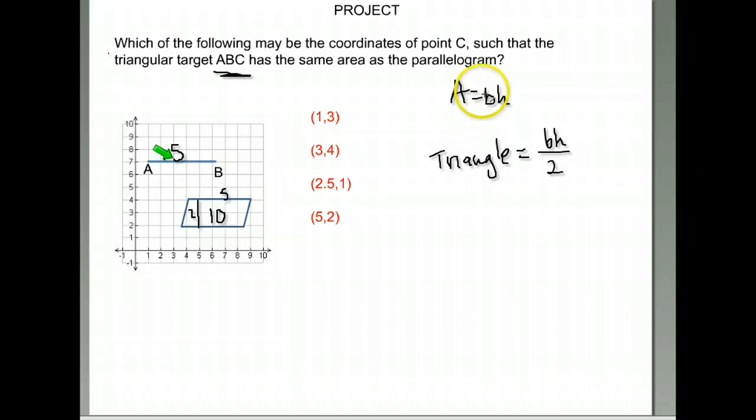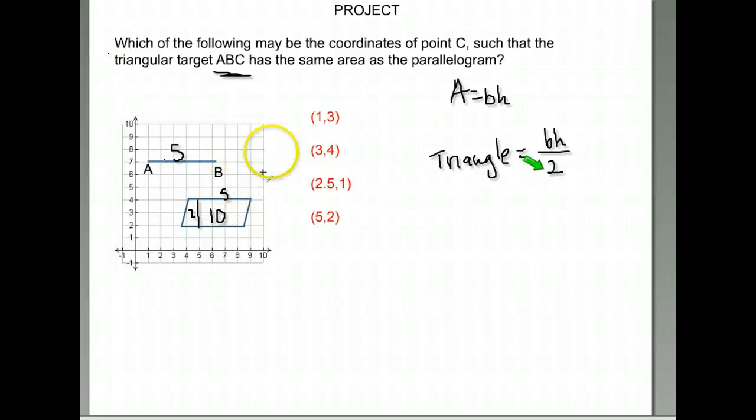Well, it needs to be twice as high so that when we divide by 2, we still end up with the same number. So that's one way to look at this. This had a height of 2, so our triangle needs to have a height of 4 so that it's twice as tall and can end up with the same area when you're using your formula. That's one way to look at it.